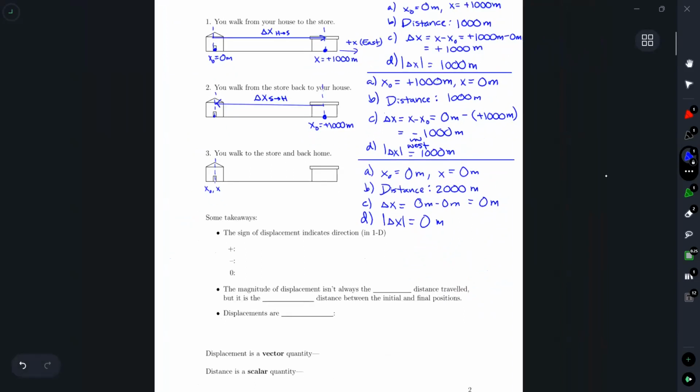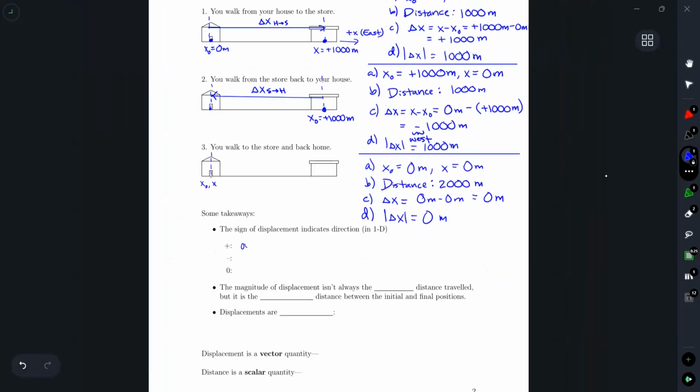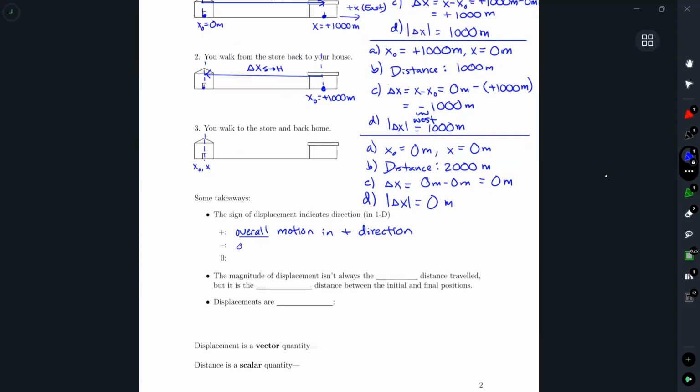So the sign of displacement we've seen tells you about which way you went. If it's positive, that's overall motion in the positive direction. Overall is an important word here. If I did that running back and forth, but I ended up only halfway between, so I'm at 500 meters, my displacement is only 500 meters in the positive direction, even if I went past that during the trip.